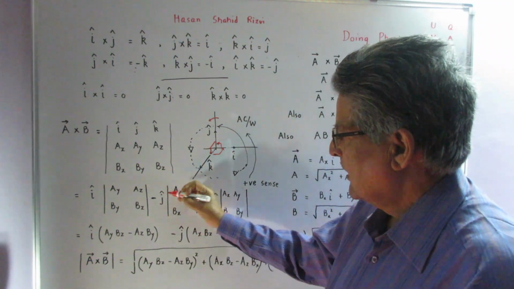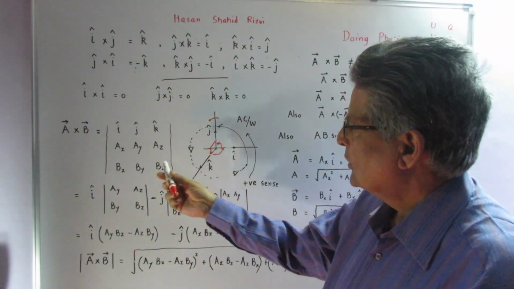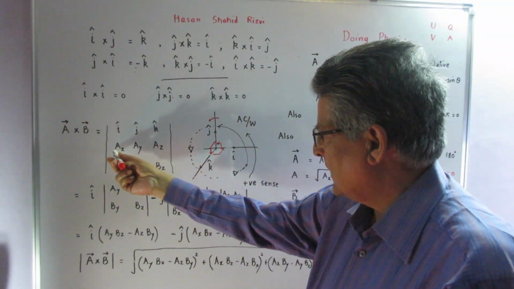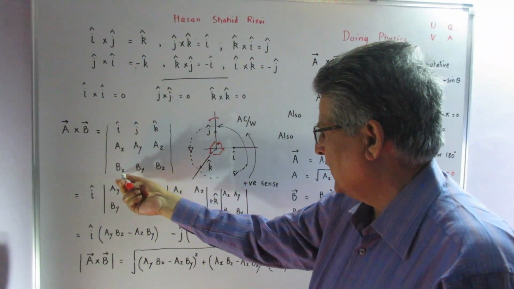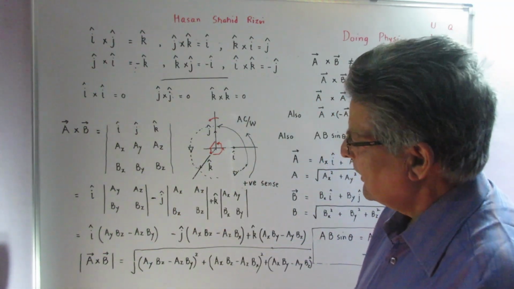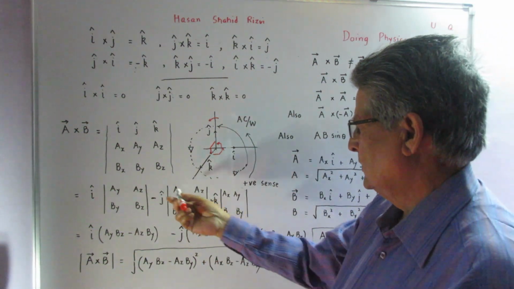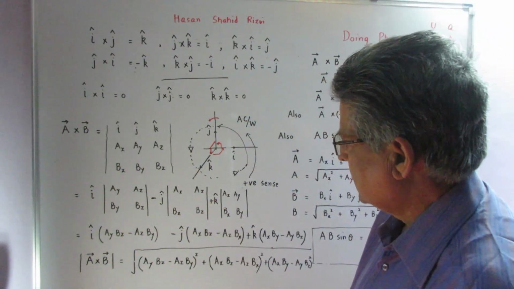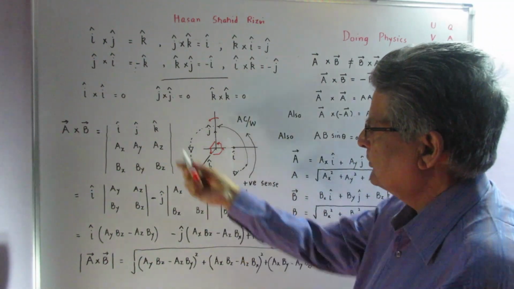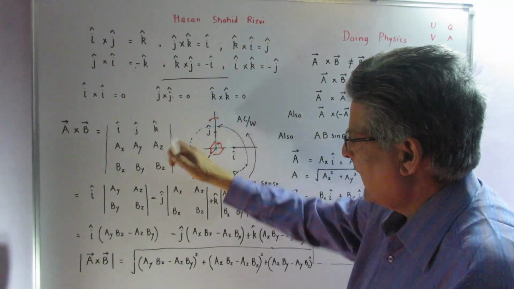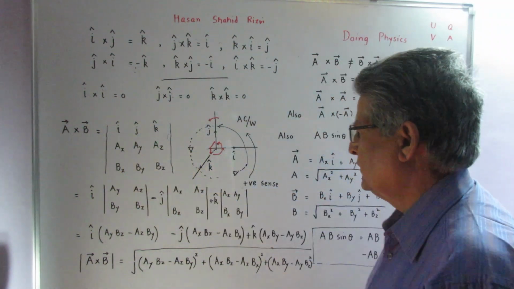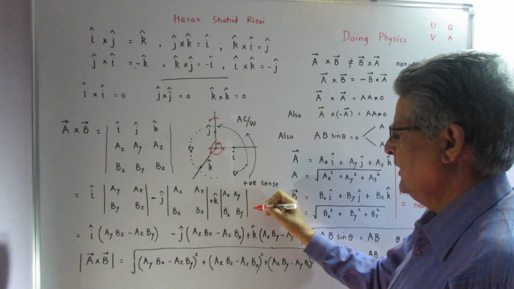minus j cap. So I take j cap here, this line is gone, then what I am left with is ax, az, bx, bz, and I copy and paste over here and write it as the determinant like this. And k cap, the next one, I just don't take this, and ax, ay, bx, by I get here.